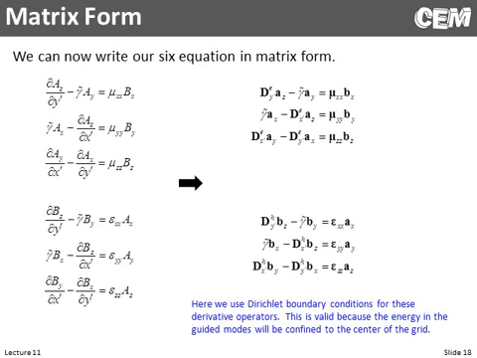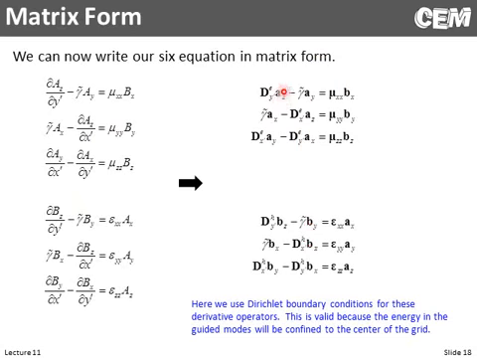So here's a great slide, and here are the 6 equations that we had on the previous slide. Given everything we know about how we're implementing the finite difference method and how we use the Yee grid and express the fields on the Yee grid and derive the finite difference approximations, we can jump immediately from these differential equations to those differential equations now in matrix form.